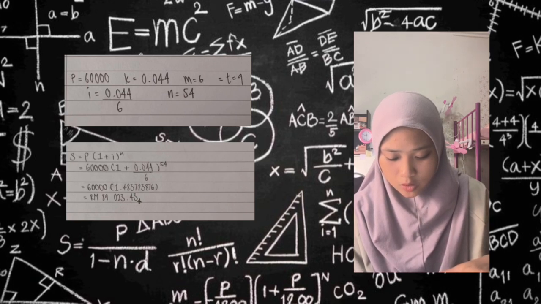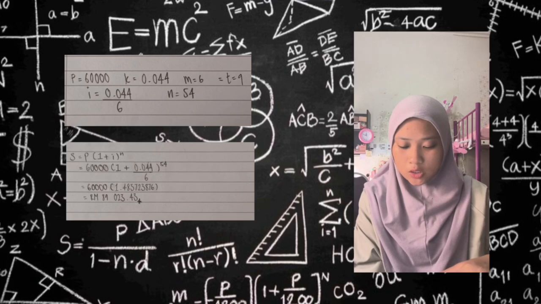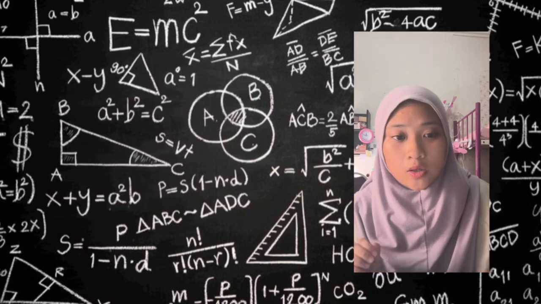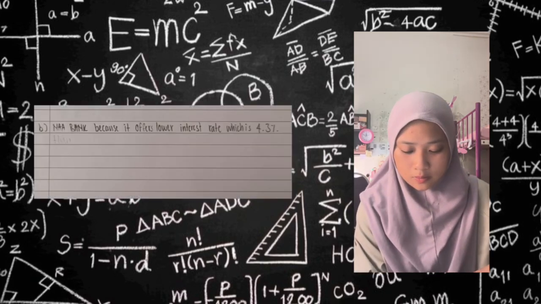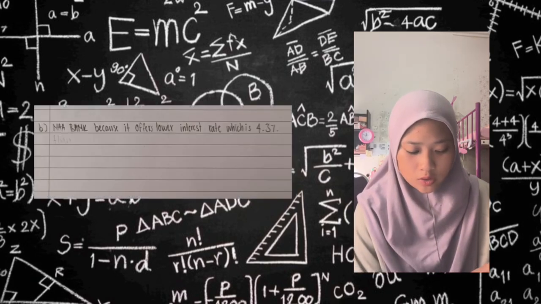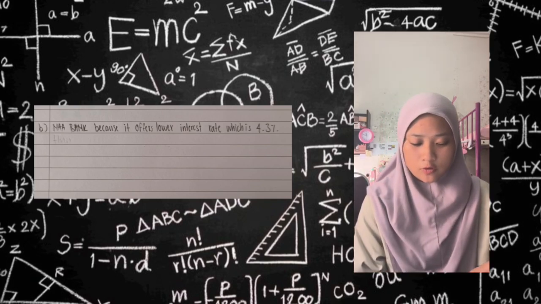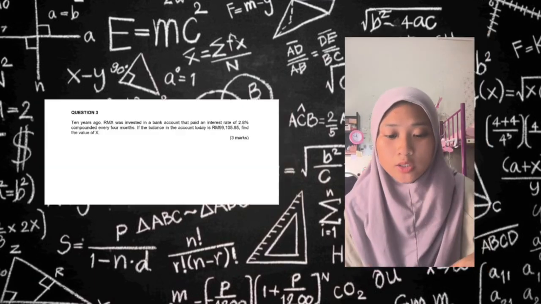You will get 89,023 ringgit 43 cents. And then we'll go to question B. Which bank should we choose and why? My answer is AA Bank, because it offers a lower interest rate, which is 4.3%, rather than MHA Bank, which offers 4.4% interest rate. And then let's proceed to question number 3.